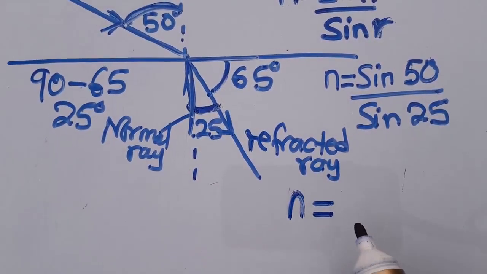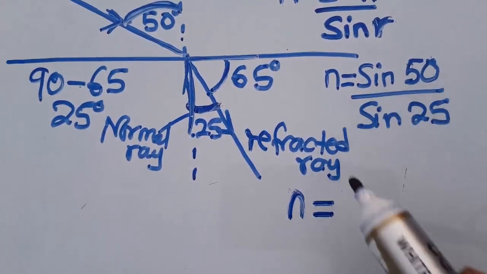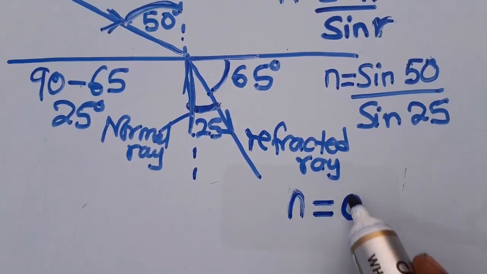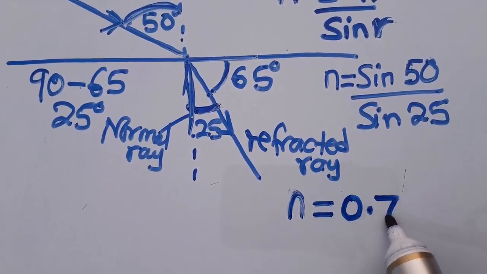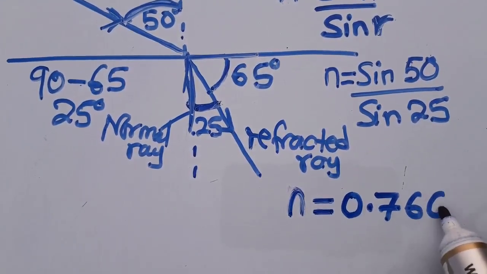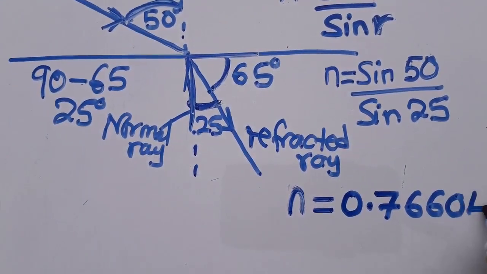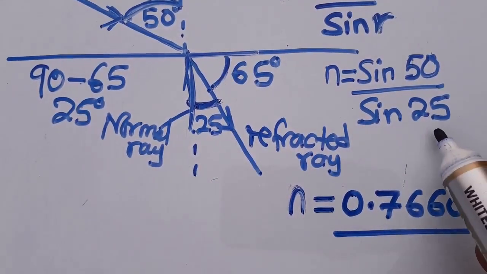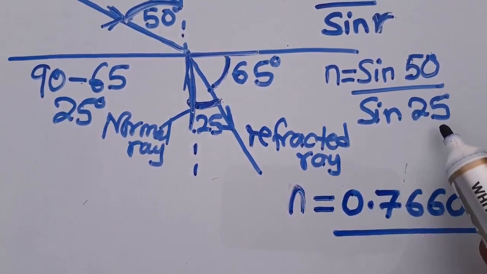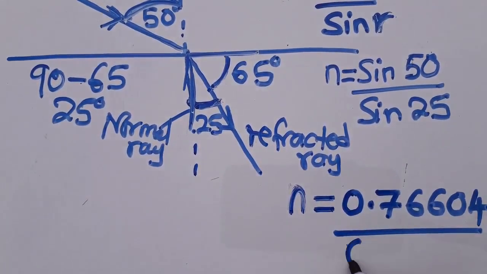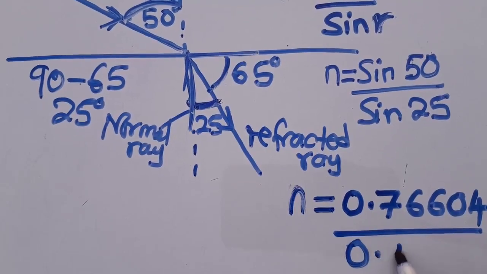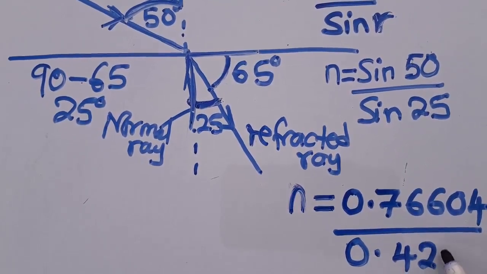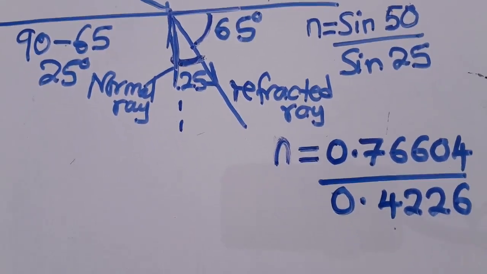If you punch sine 50 on your calculator, you need to get this answer, 0.76604, over what is sine 25? Sine 25, you need to get 0.4226. These are the answers you need to find.